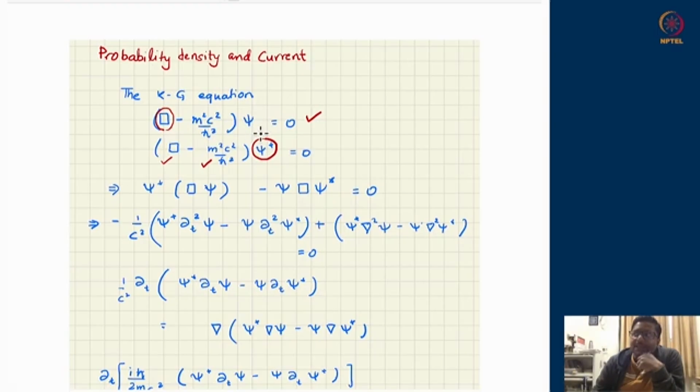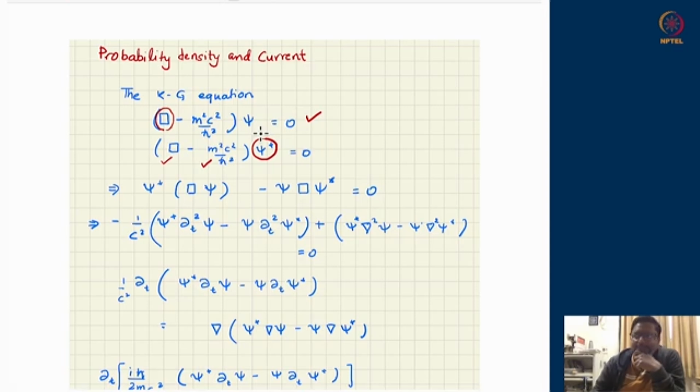Remember, in the Schrodinger picture as well, psi and psi star were also solutions of the Schrodinger equation with a potential phase difference of i pi. There is a minus sign which would come about due to the flip of i h bar.